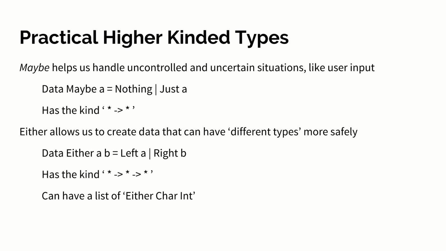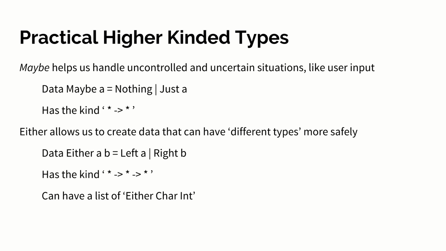The either type helps us express information that is a variable type level structure. So in a language like Python, we can easily just have a list of many different values, all of whatever type we want. In Haskell, we cannot just have a list that has int values and then char values, but we can have a list of either int char, meaning everything in the list has the type either int char, and then specifically each value is either a left or a right.